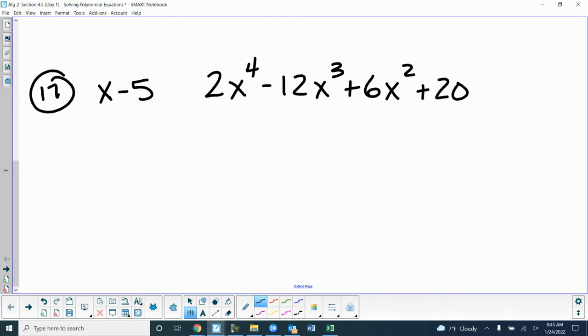Yeah, do the synthetic division part, right? Okay, so that's the polynomial you're given. Remember, in your head, you set that equal to 0. What value of x makes x minus 5 equal to 0? 5, right? So we need to put the 5 in our little corner.